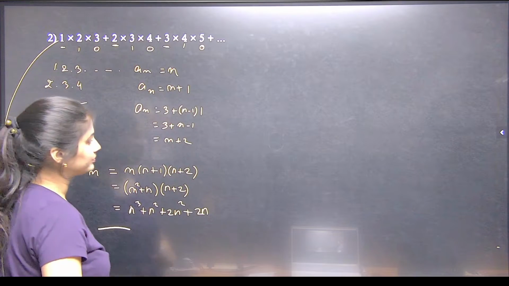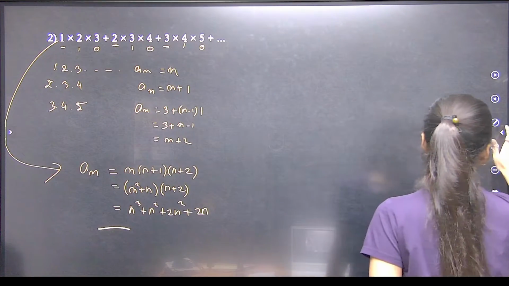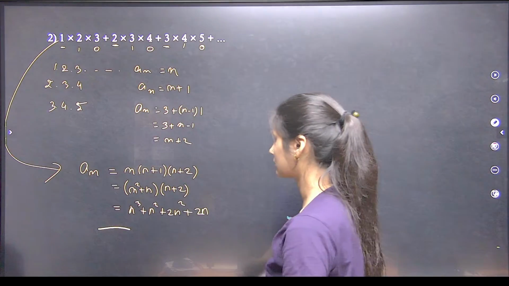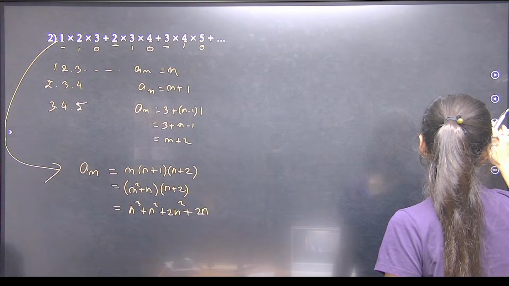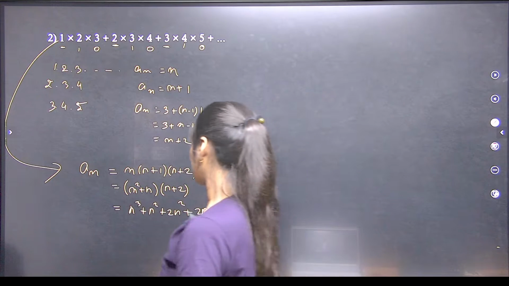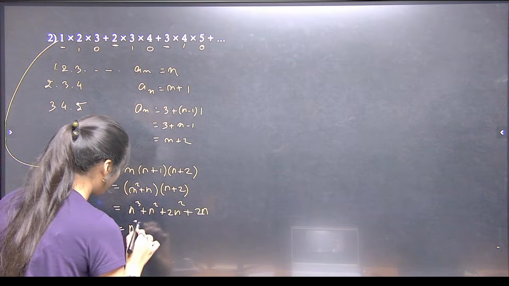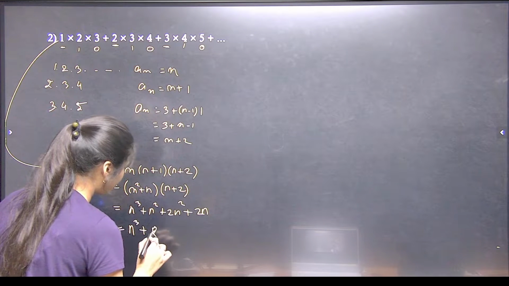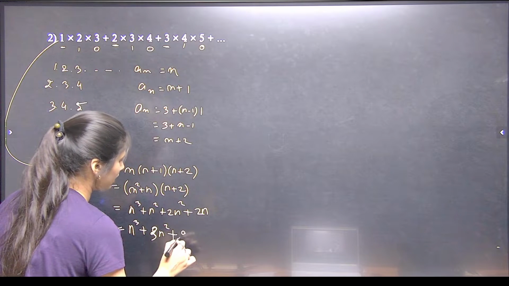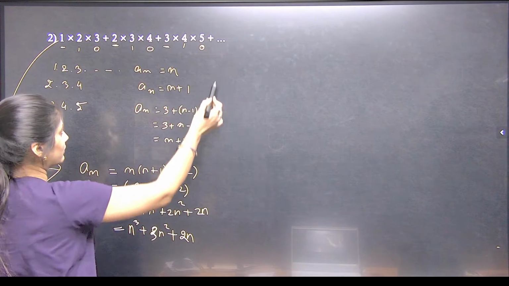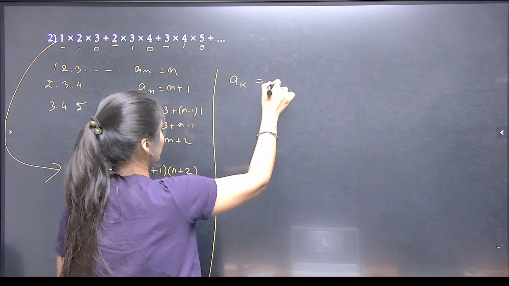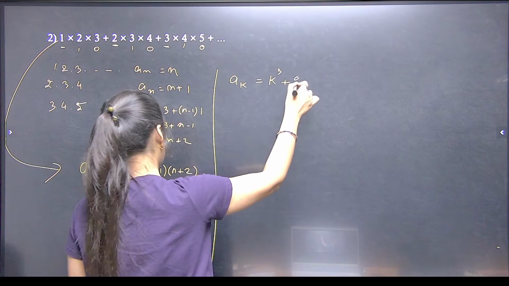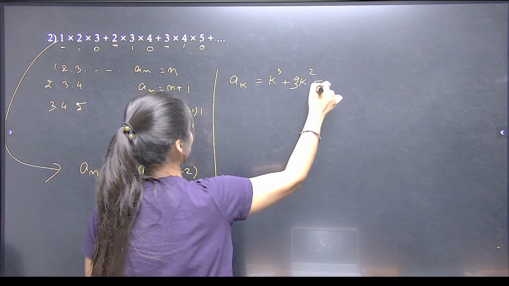So we have n cube plus 3n square plus 2n. What is the next step? We have to convert this in terms of k. So a_k is equal to k cube plus 3k square plus 2k.